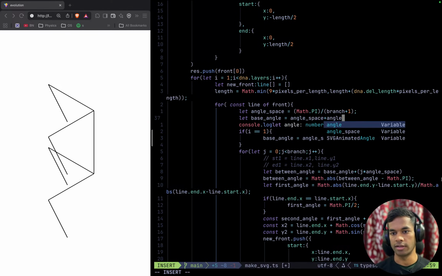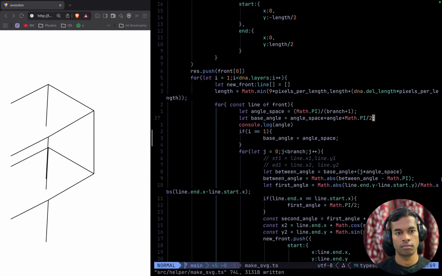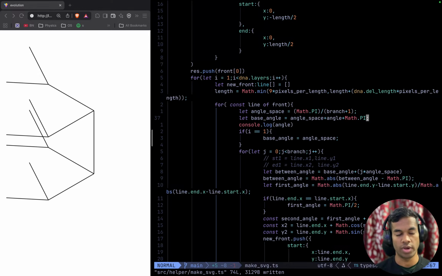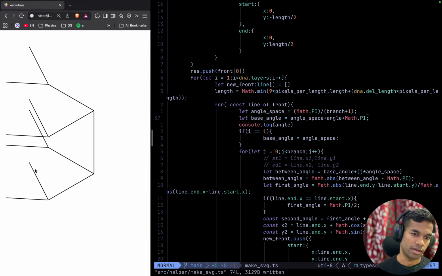But if I manually add plus math dot pi by 2, okay, we do have something now. Now this is correct. But no, these things are not depending on the angle given to them by this line, they are all the same. All of these pairs of this acute angle are all the same and they are not changing with the baseline from which they are coming out. That is not very good.